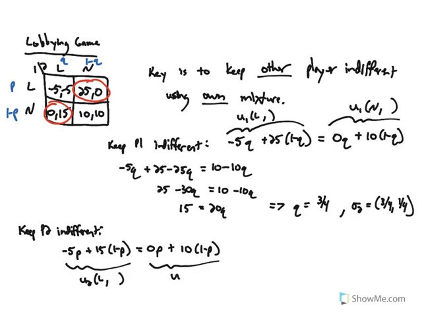And this is the utility to player 2 of playing N, given what the other player is doing.